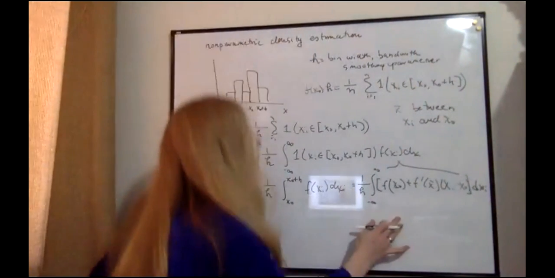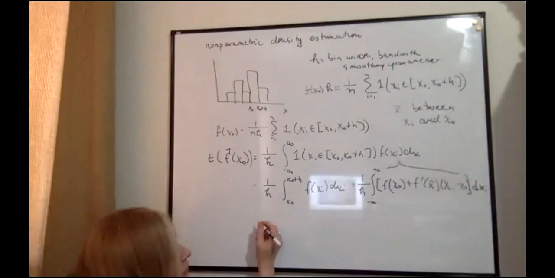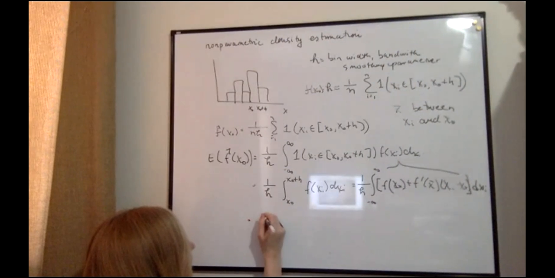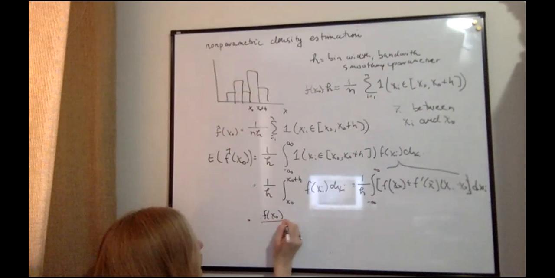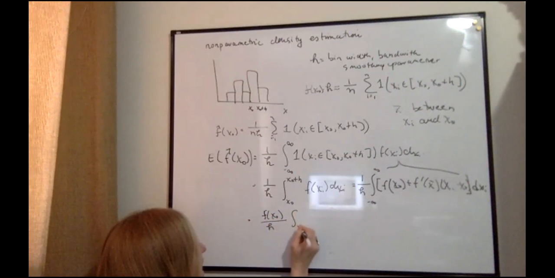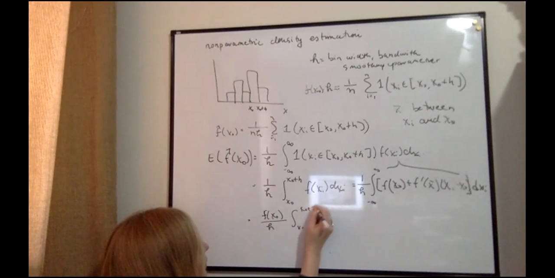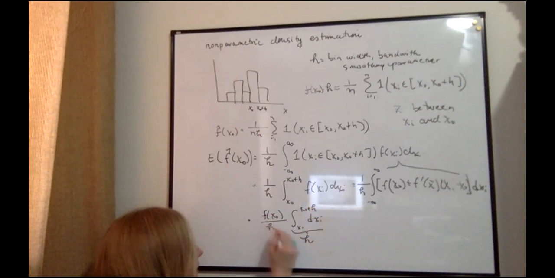Okay, so now let's write out what these separate terms are. We've got f of x naught over h times this integral dxi, and this integral integrates to h, so these h's are going to cancel.